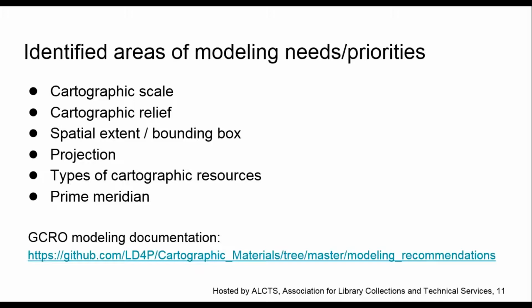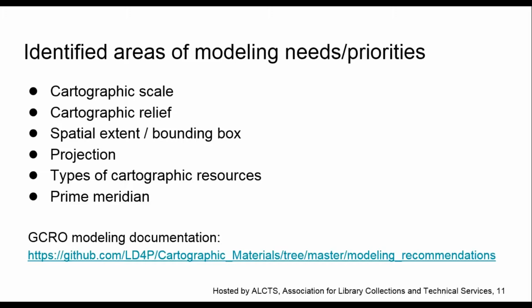While the goals of the Cartographic Materials project were lofty and in many ways difficult, in practicality we had to start with some lower hanging fruit to get more practical modeling experience under our belts before tackling the more complex concepts.